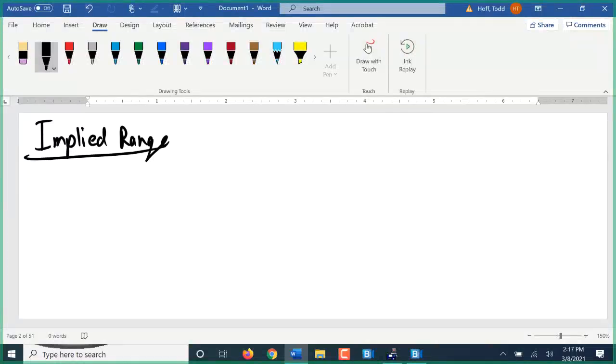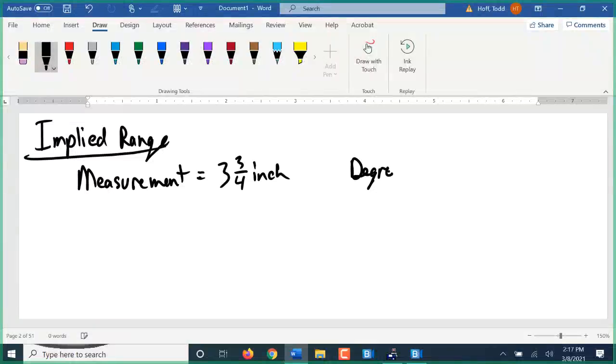So to find the implied range, if I have a measurement of 3 3/4 inches on a ruler with a degree of precision of 1/16 of an inch.